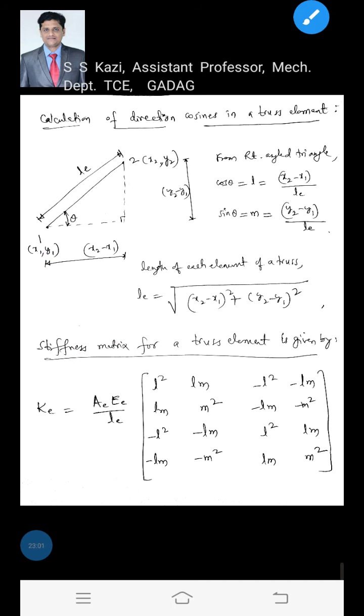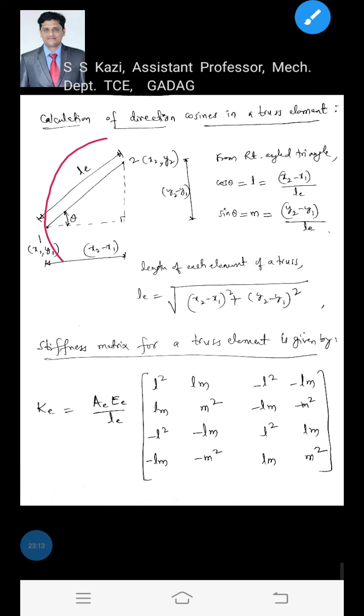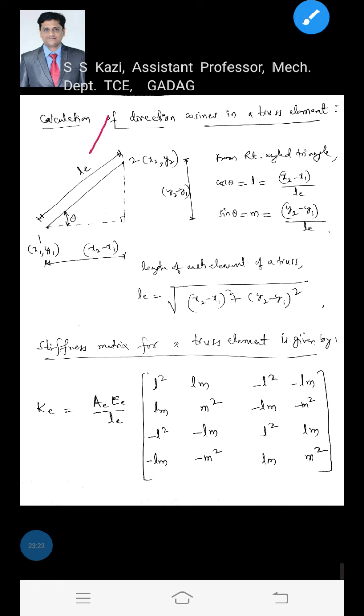Now I will form a right angled triangle by using these dotted lines. I will just join them, so that I get this right angled triangle. In this right angled triangle, this side we already know: it is the length of the element.